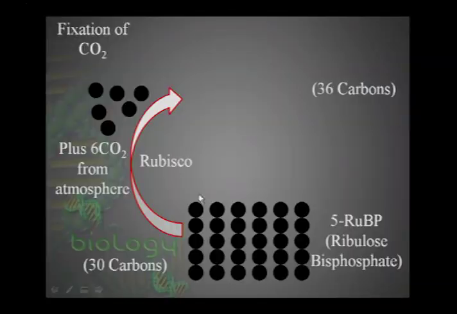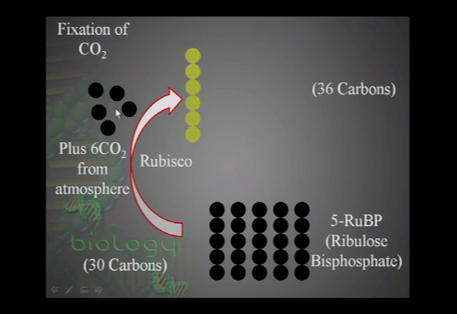Okay, so let's look at this fixation in a little more detail. We're going to start with 6 ribulose bisphosphates. Ribulose bisphosphates are a type of sugar, 5 carbon sugars. To make 1 glucose, you're going to need 6 carbons, so that's going to require 6 carbon dioxides. Rubisco will take a carbon from carbon dioxide and attach that to a ribulose bisphosphate.